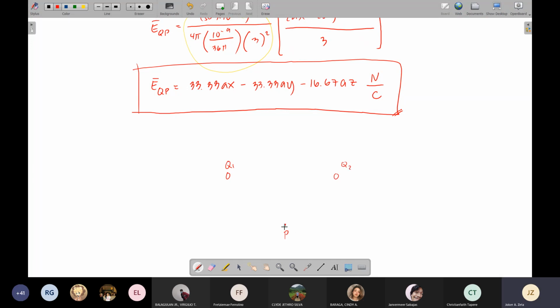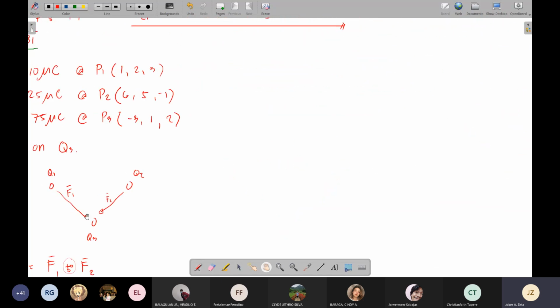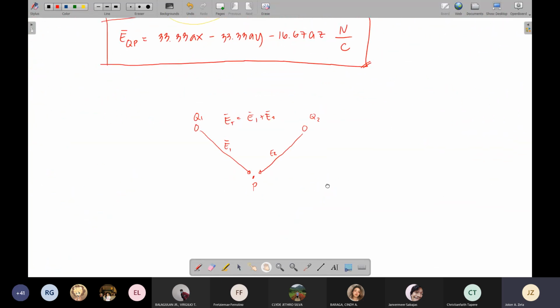So kani nga point, maka-experience na siya electric field intensity, of course, due to Q1 and Q2. So you will have, let's say, electric field intensity E1. You will also have electric field intensity E2. And from here, your electric field total would be E1 plus E2. O, diba? As you can see, parehas ra gid gihapon na og process diri gihapon. Parehas ra gid na. Okay?